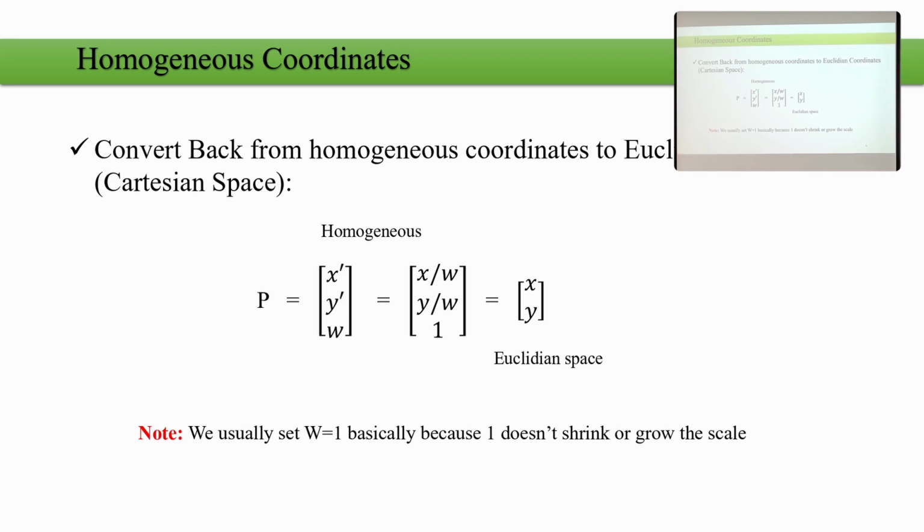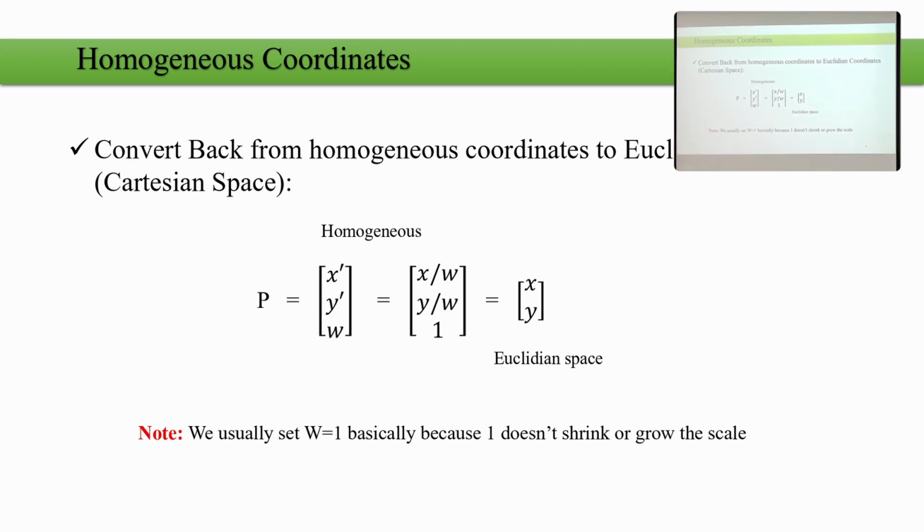If we want to convert back, the same thing from Euclidean to homogeneous, we want to convert back from homogeneous to Euclidean. What is happening? As we saw in the example, for x prime, y prime, this time we divide by w. Then we have Cartesian x, y in Euclidean space.